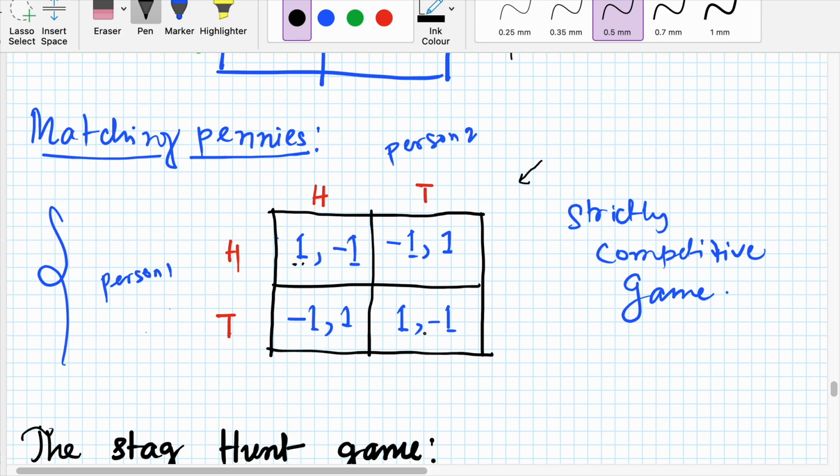Similarly, if both of them show different faces of the coin, then player 1 will give 1 rupee to player 2. This kind of game is called matching pennies.